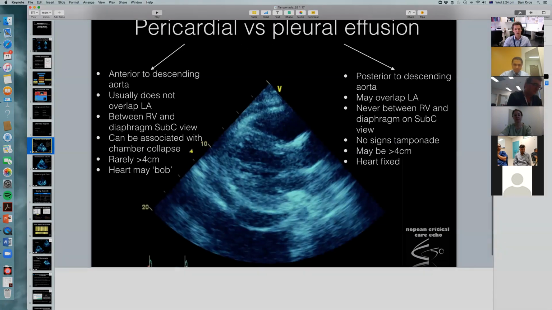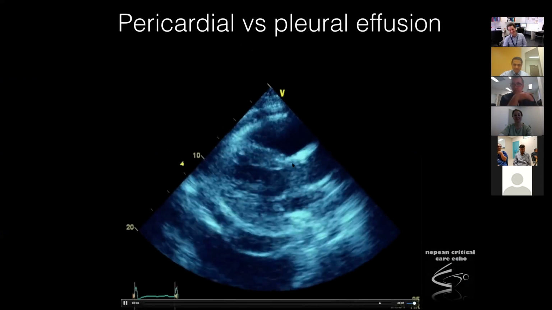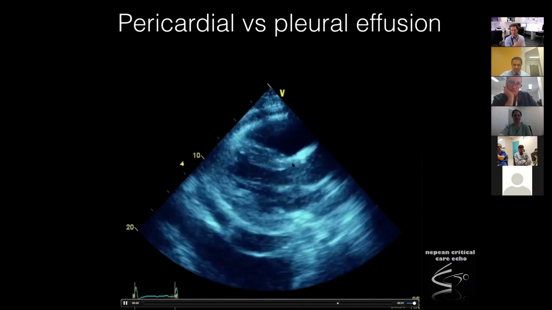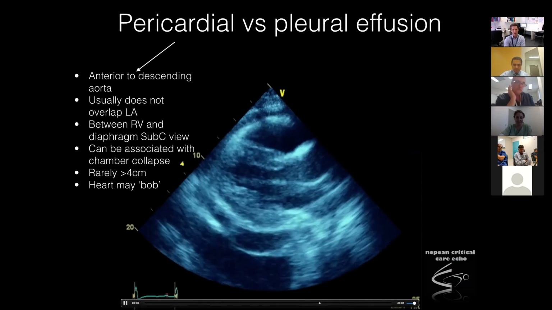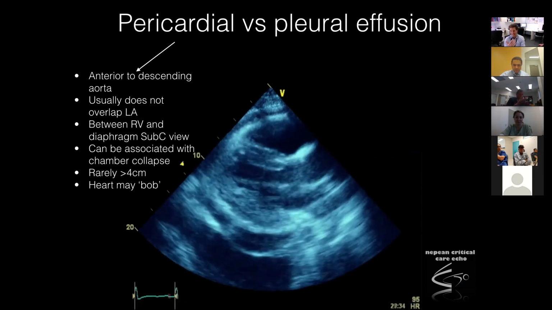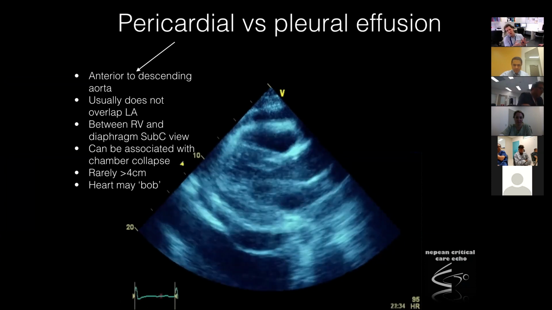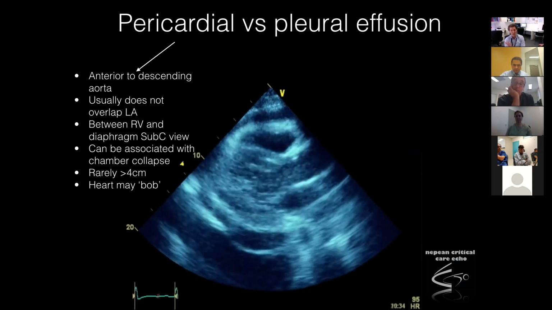Okay, so Danielle, you told us how to tell the difference between a pericardial and a pleural effusion. Here we've got a little bit of both. You said the pericardial is anterior to the descending aorta. I'm going to add a few other things. It doesn't usually overlap the left atrium, and it's rarely greater than 4 centimeters.